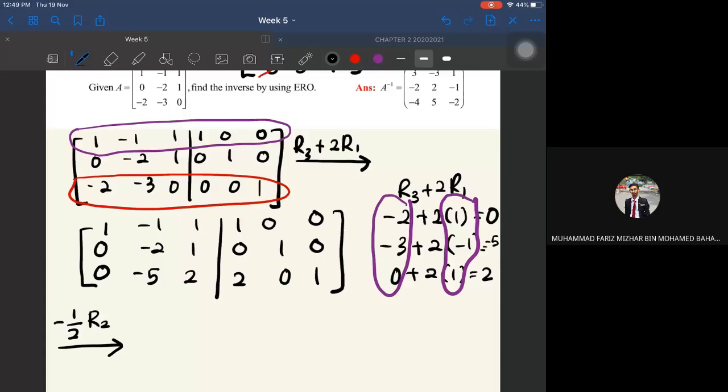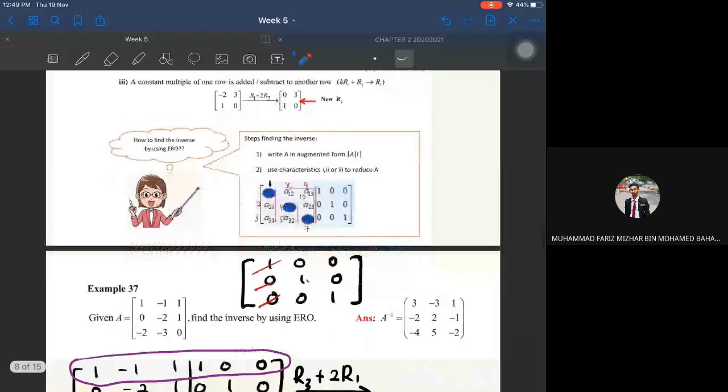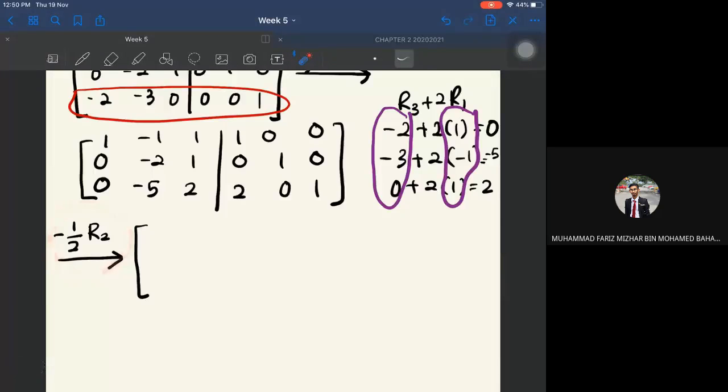Okay. So, saya masih mengikut karakteristik. Okay. For the first one here, this is the third characteristic. Okay. Kita dah tengok karakteristik kat atas ni. Okay. For the second one here, saya menggunakan karakteristik yang kedua. Darabkan dengan non-zero constant. So this is non-zero. Non-zero tu maksudnya selain daripada kosong.